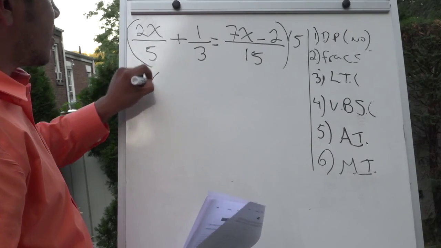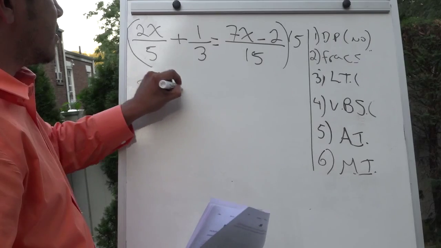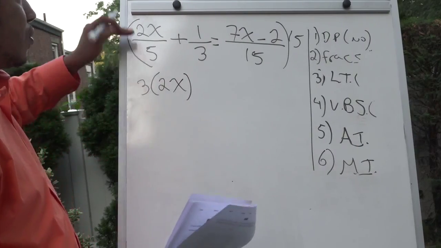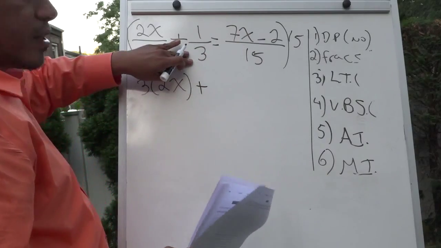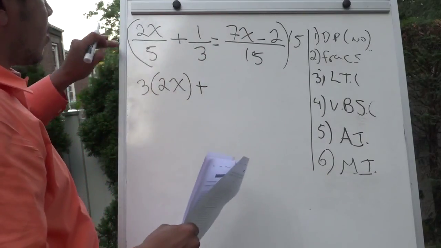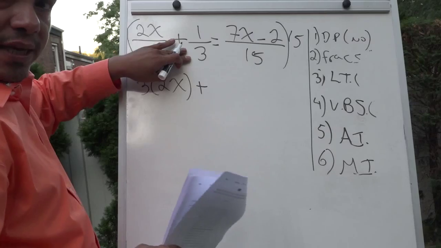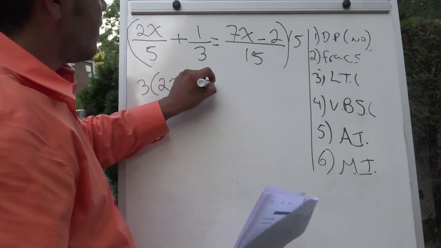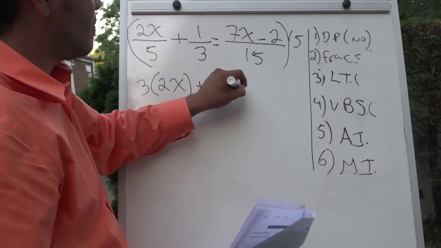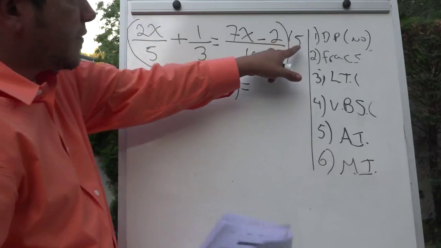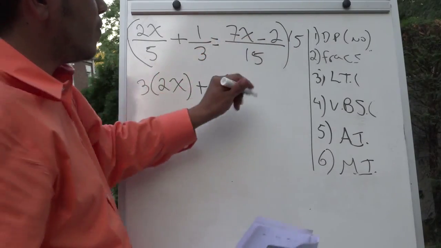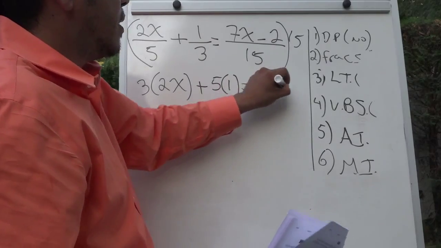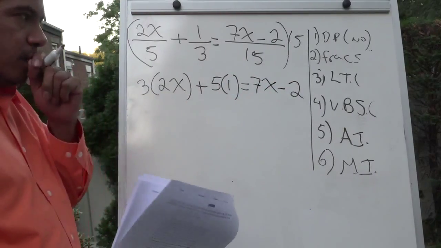This time I'm going to do it a little bit more in detail. 3 times 2x, plus 15 divided by 3 is, oh no, 15 divided by 3 is 5. 5 times 1. 15 divided by 15 is 1 times 7x minus 2 is 7x minus 2. Okay, cool.